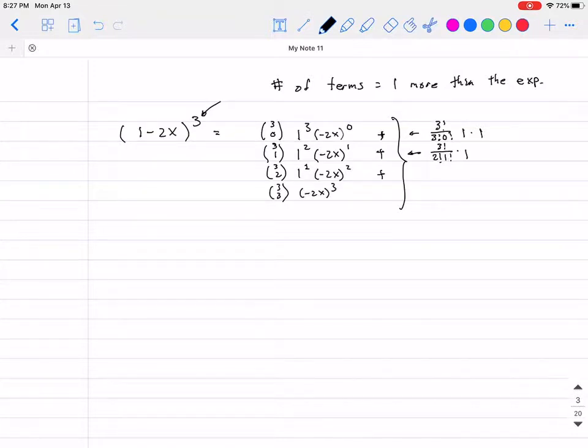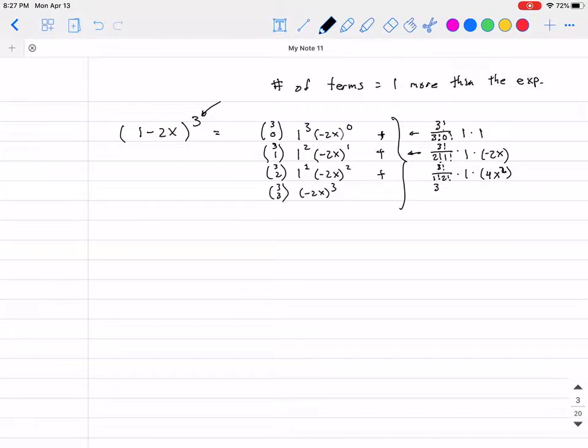And then we're going to multiply that by 1 squared, which is 1, multiplied by negative 2x. 3 choose 2, that's 3 factorial over 1 factorial, 2 factorial, multiplied by 1 times negative 2 quantity squared. That is going to be equal to 4x squared.